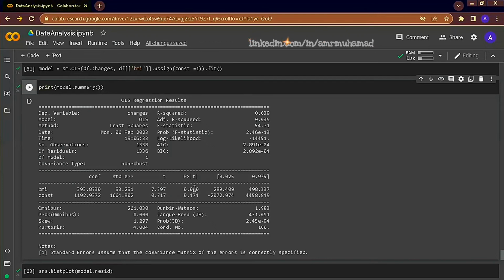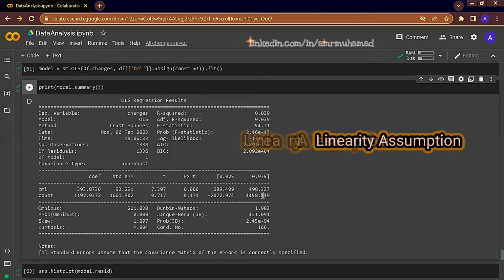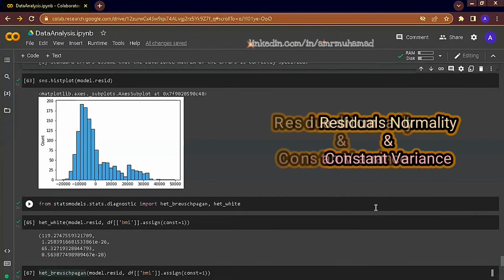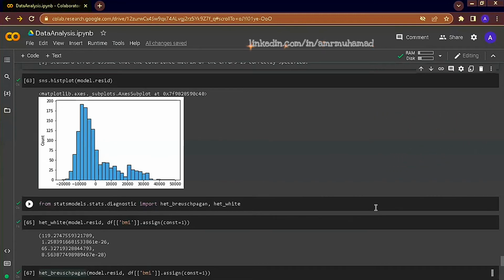We learned several assumptions of a linear model: first, the existence of a linear relationship, and assumptions related to residuals being normally distributed and having equal variance, which is also referred to as homoscedasticity. And we saw how to assess each of these assumptions.